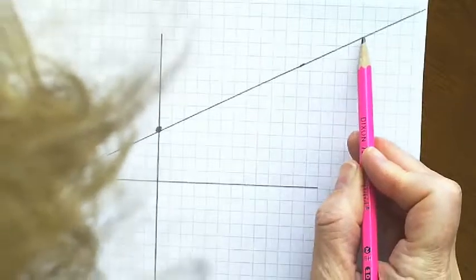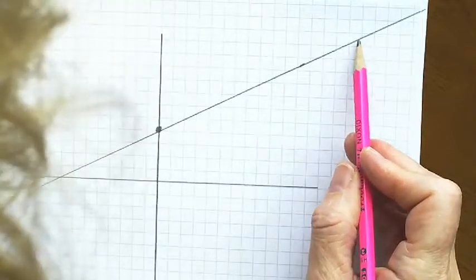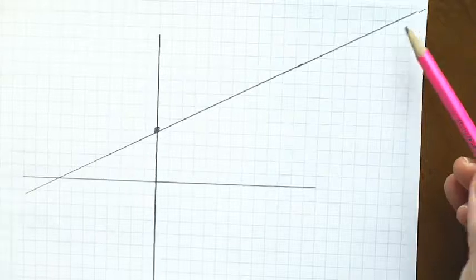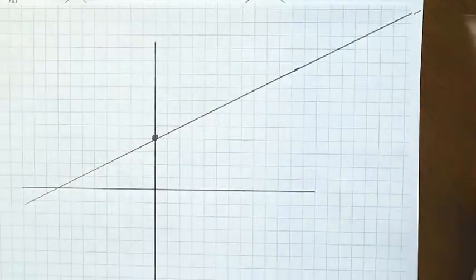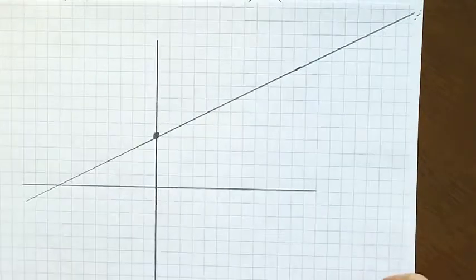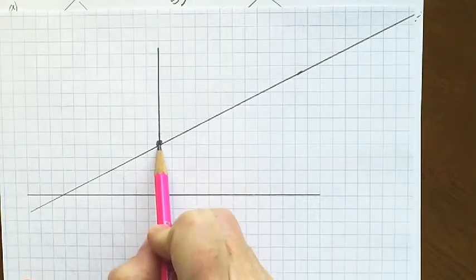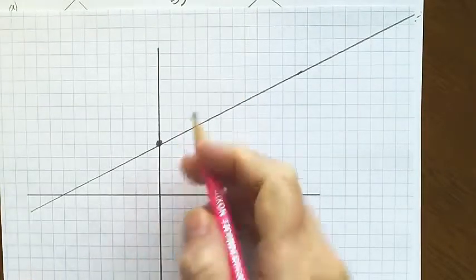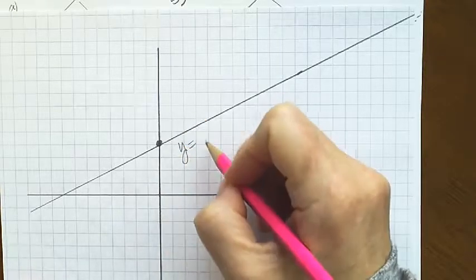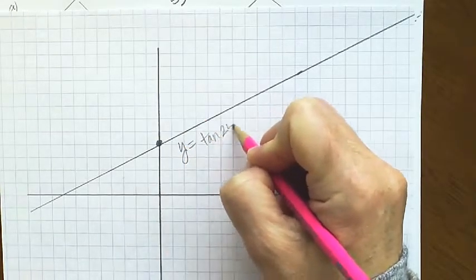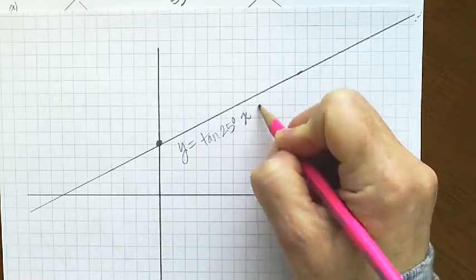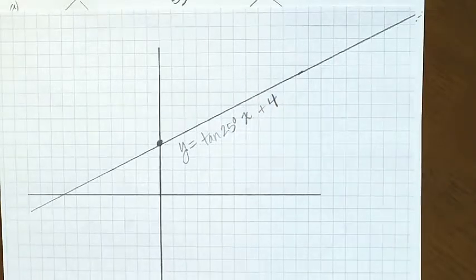So let's see if I can just find another point that you could use. Maybe this over here. You could just do an approximate slope for your graph, since you may or may not have a protractor at home. So this is y equals tangent 25 degrees x plus 4, and we can just leave it at that.